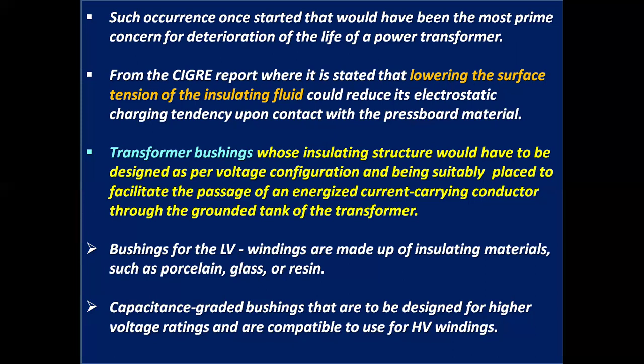Transformer bushings have an insulating structure designed as per voltage configuration and suitably placed to facilitate the passage of an energized current carrying conductor through the grounded tank of the transformer.